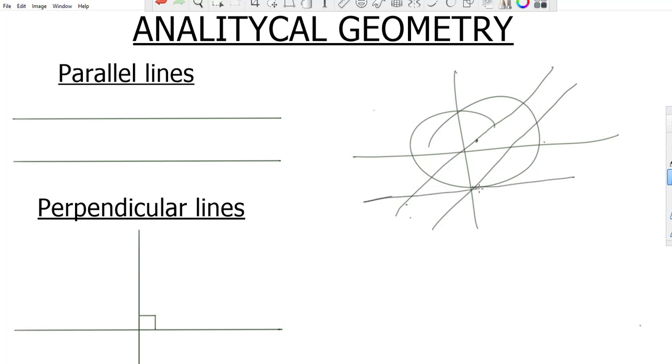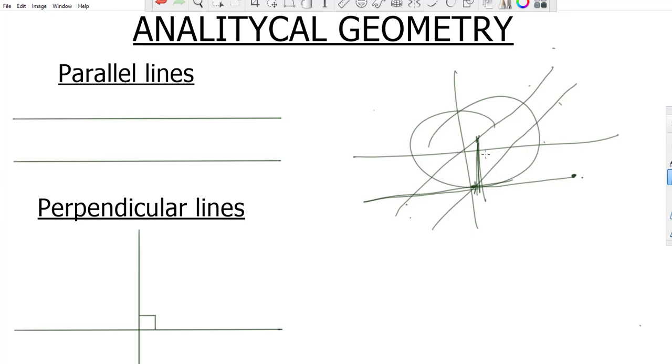You see, and then you have to prove these two lines are parallel, and then this is a tangent. The tangent is perpendicular to the radius. They can say, prove that the radius of a circle is perpendicular. This is a tangent. They say prove that this line is a tangent.